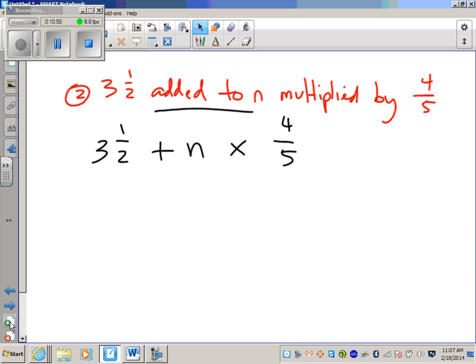There is a slight problem with what we have, but it's for a different reason than before. 3.5 added to n multiplied by 4/5. The way we have it written, would we do it in that order?